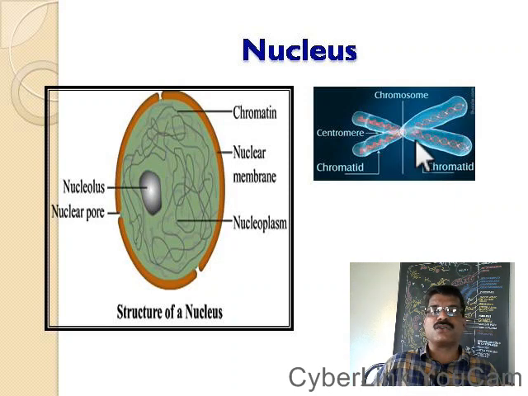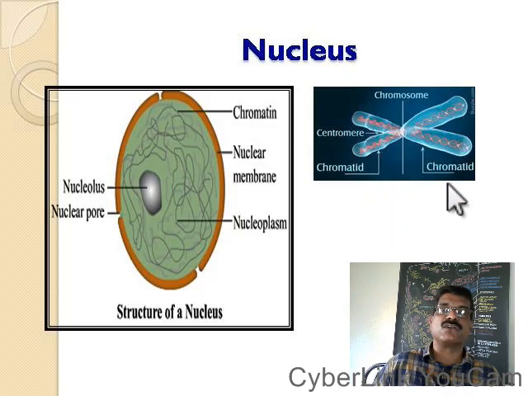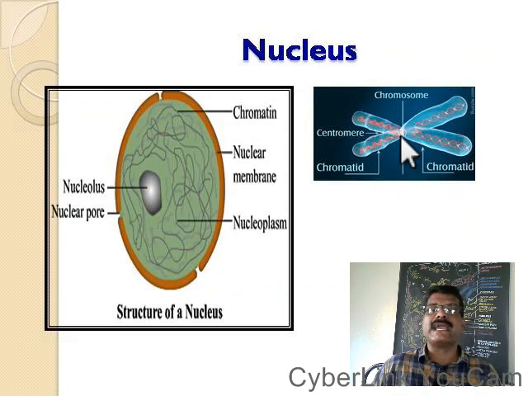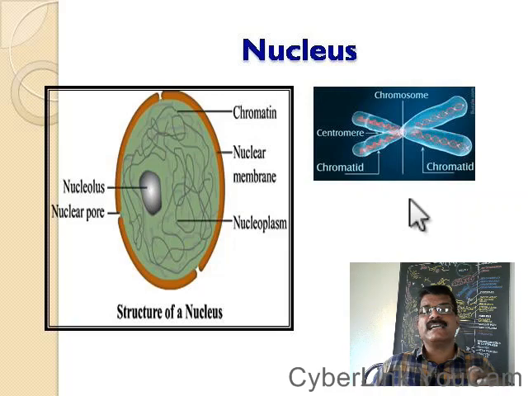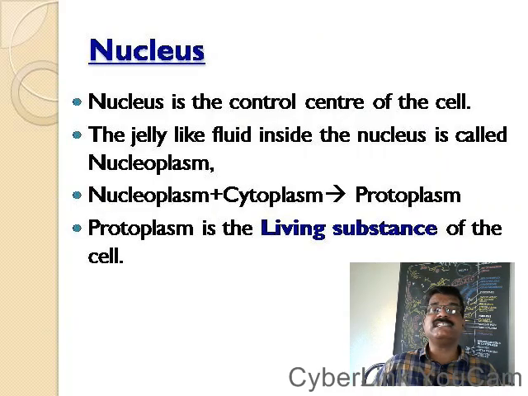The arms of the chromosomes are called the chromatids, and they are connected by a centromere or kinetochore. These chromosomes consist of hereditary units. The hereditary units present in the chromosomes are called the genes.